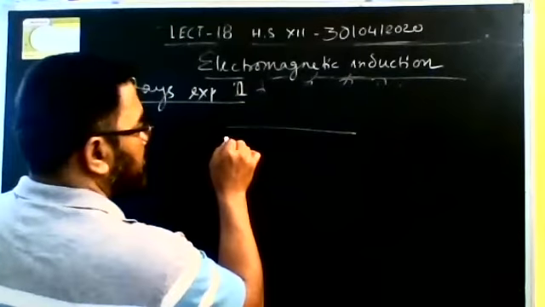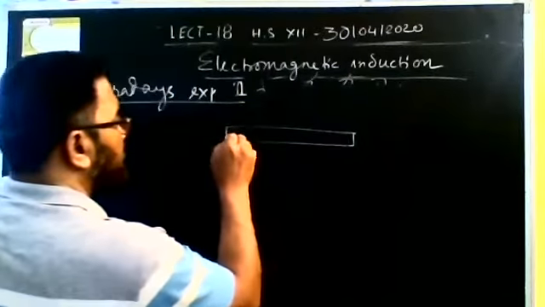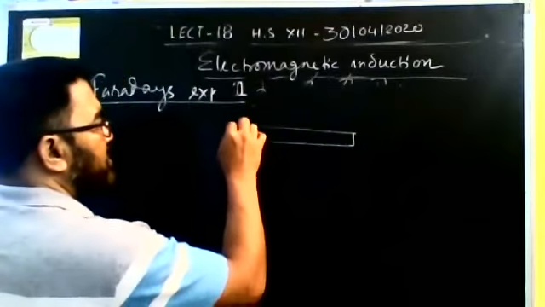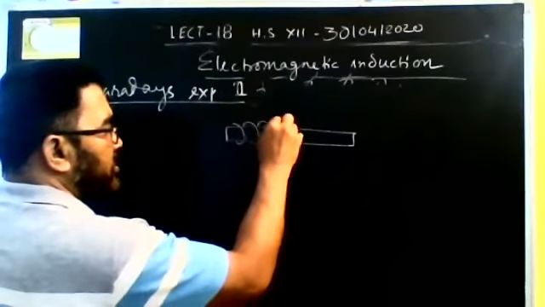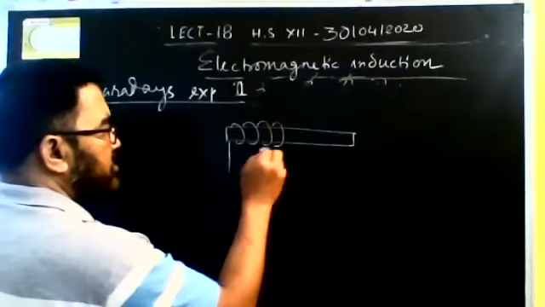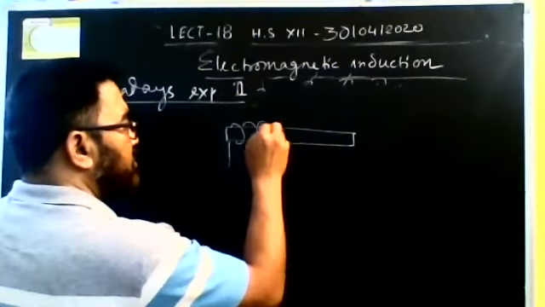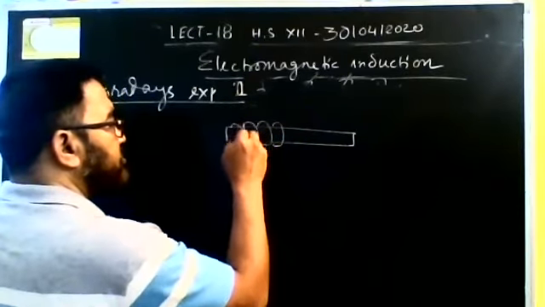Suppose this is a soft iron core, and insulated coil is connected. Okay, insulated coil is connected.